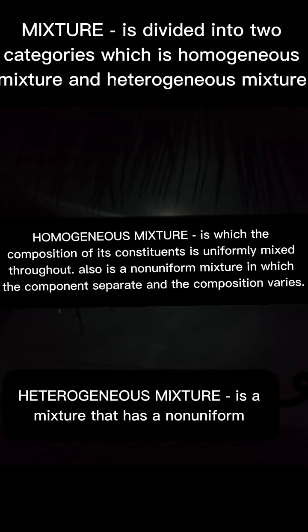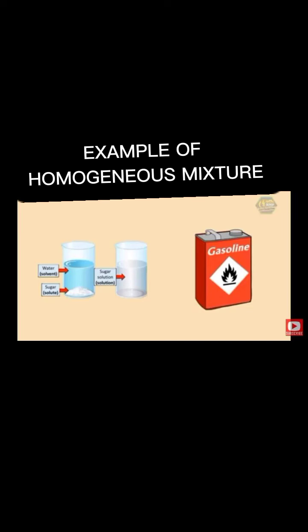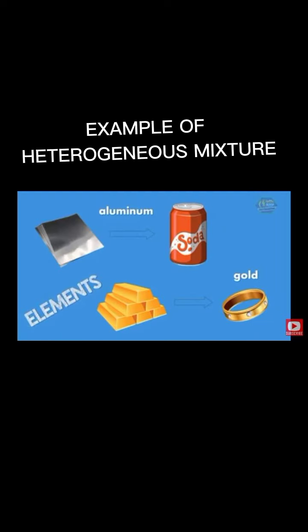Examples of homogeneous mixtures are gasoline, water, and sugar. Examples of heterogeneous mixtures are aluminum, soda, gold, and others.